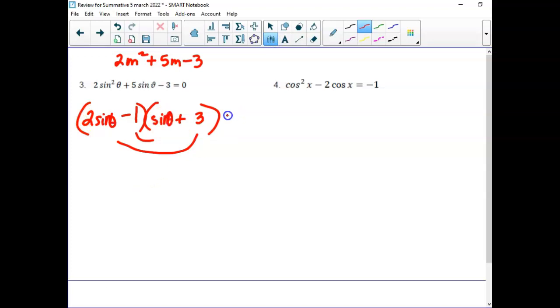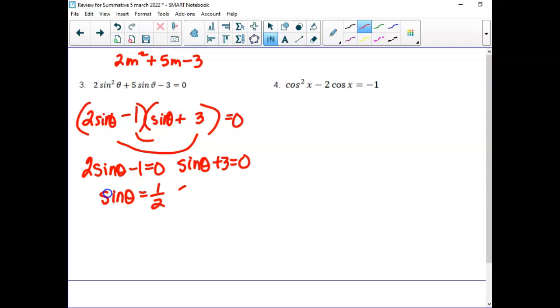All right, and then it's equal to 0, so we need each of those to be set equal to 0. 2 sine of theta minus 1 equals 0, or sine of theta plus 3 equals 0. When we isolate the sine here, we'd have 1/2. We isolate the sine here, we'd have negative 3.